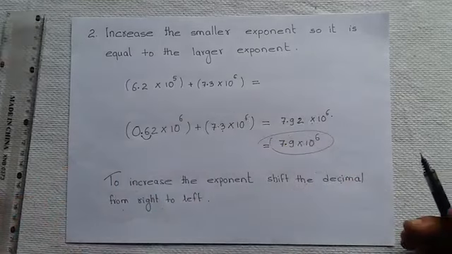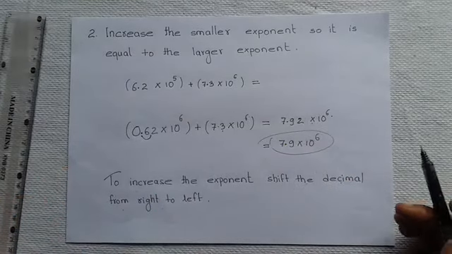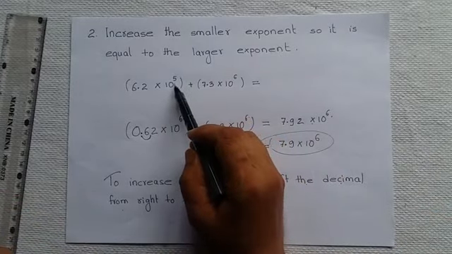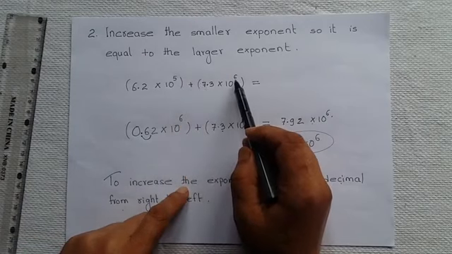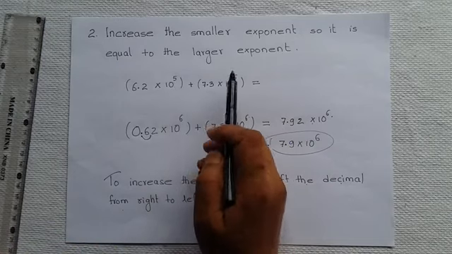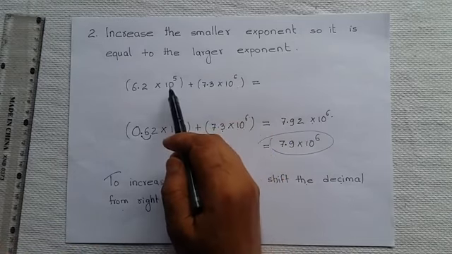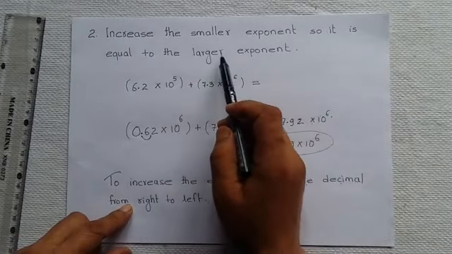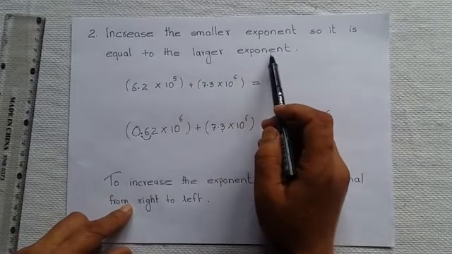So the exponents have to be the same. So what we do is we increase the smaller exponent and make it equal to the larger exponent. So this exponent has to be increased by 1 to make it equal to 6.